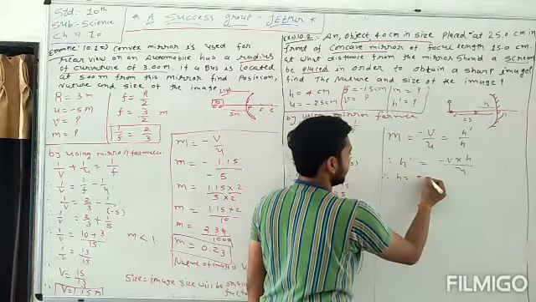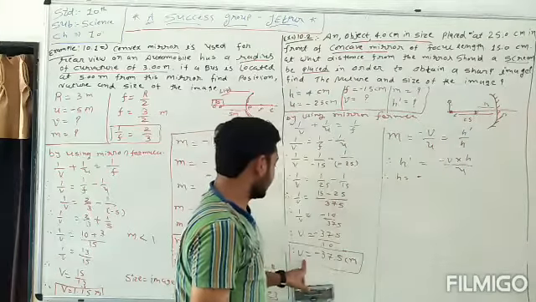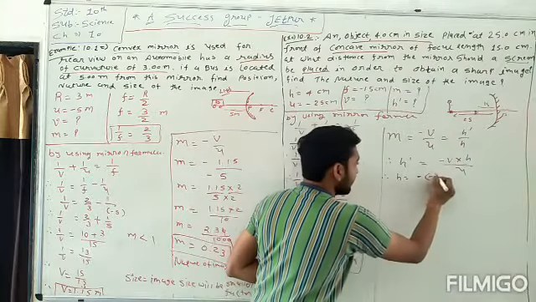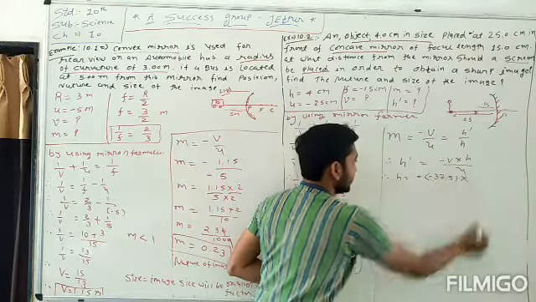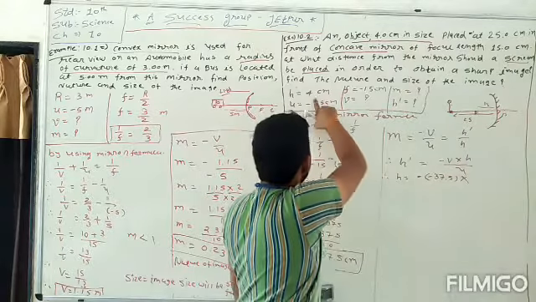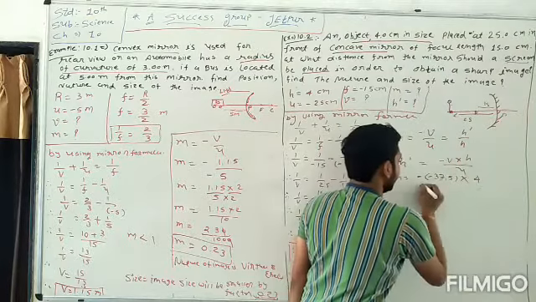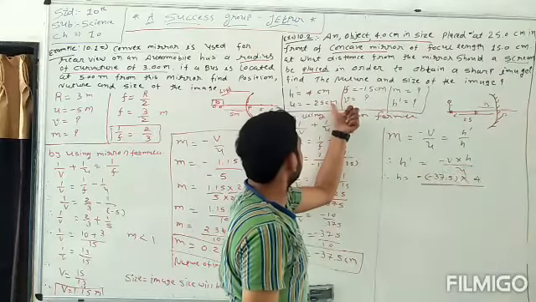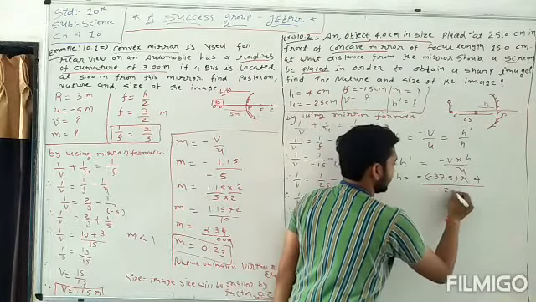Put all these values. What is the value of v? v is minus 37.5, into h. h means object size. Object size is 4 centimeter, divided by u. Object distance is minus 25.